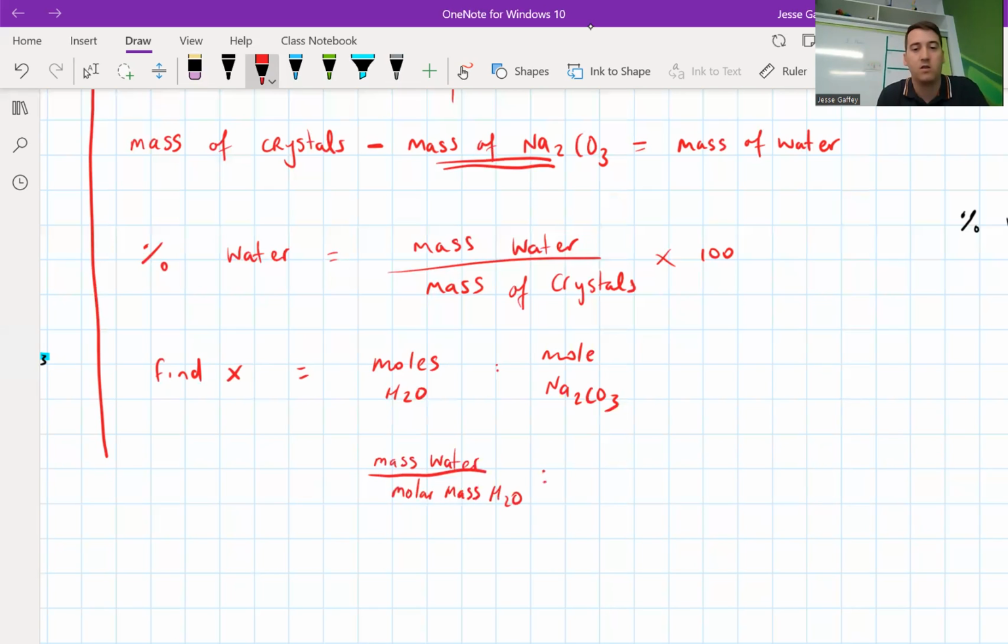And then of course, to get the moles of the Na2CO3, it's the same thing. The mass of Na2CO3 in the crystals that we've worked out earlier over the molar mass of Na2CO3. All right, let's do that step now. Okay, so most of us should be able to do that.